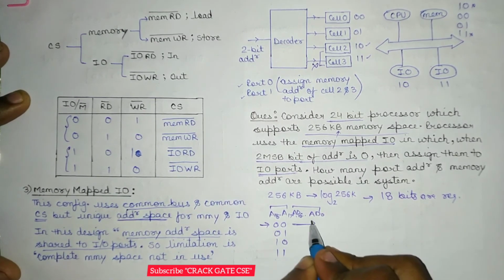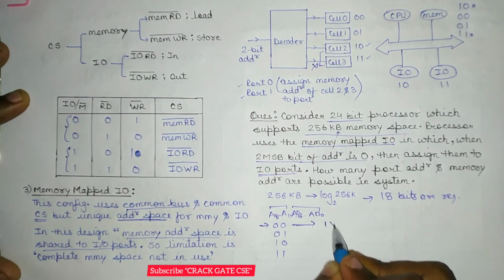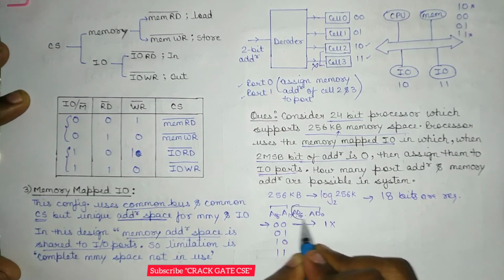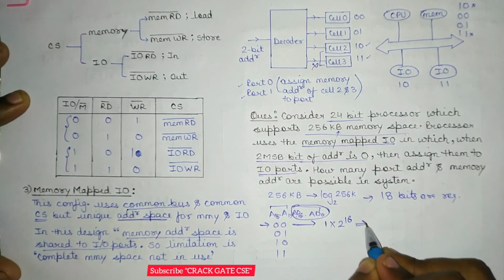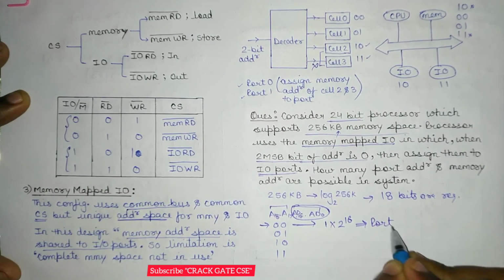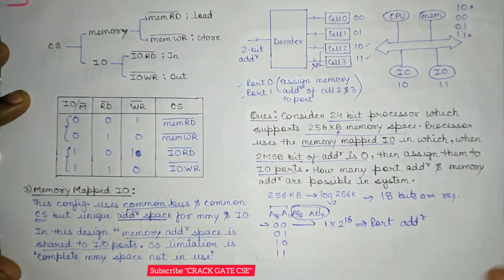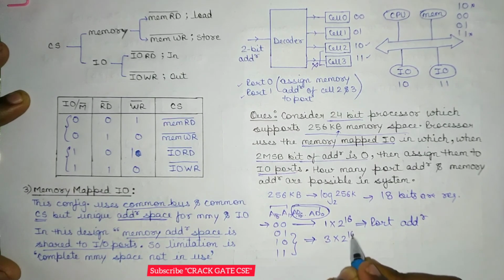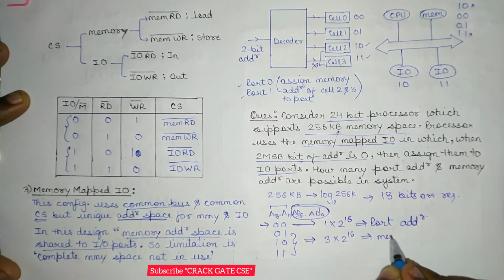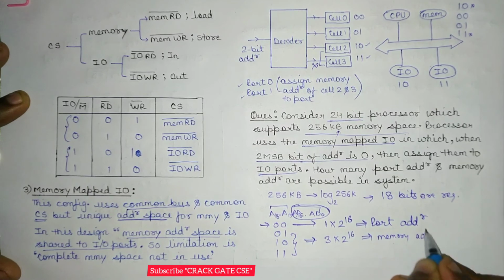So for this one case, how many possibilities are there for the remaining 16 bits? That means 2 to the power 16. These many port addresses are possible, right? Similarly, the rest will be the memory addresses. That means 3 into 2 to the power 16 memory addresses are possible, right?